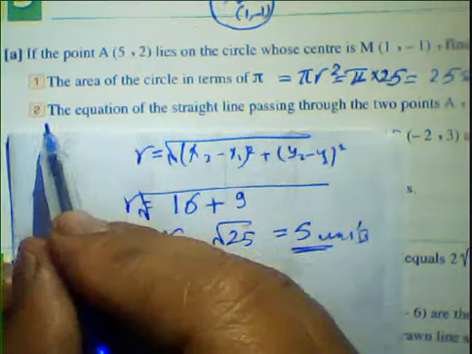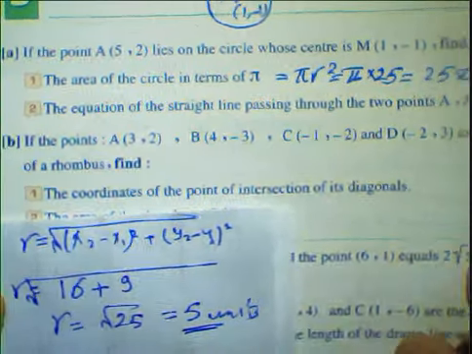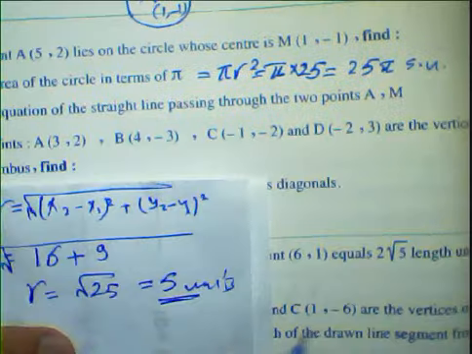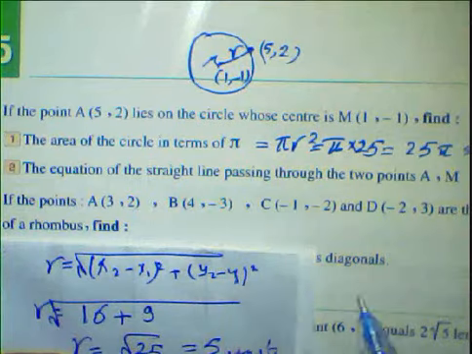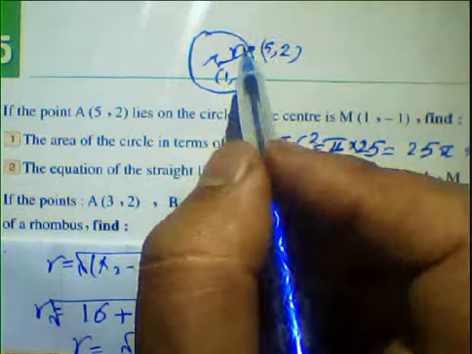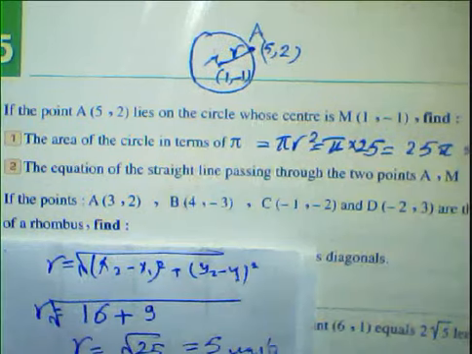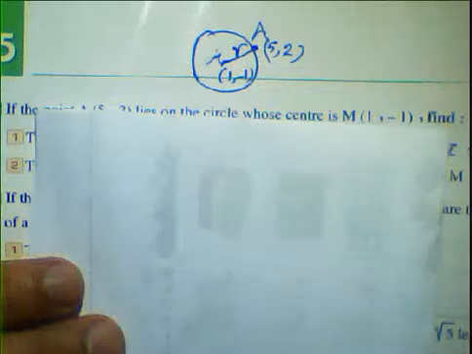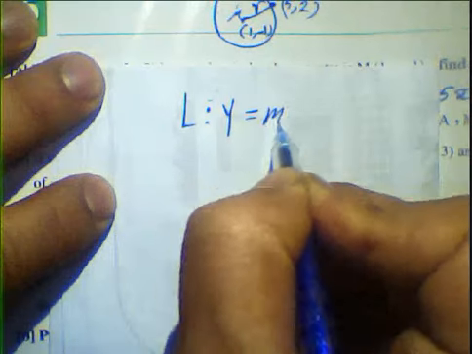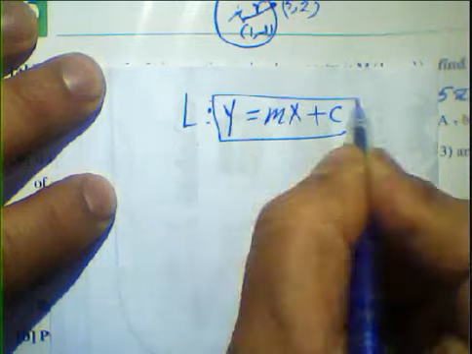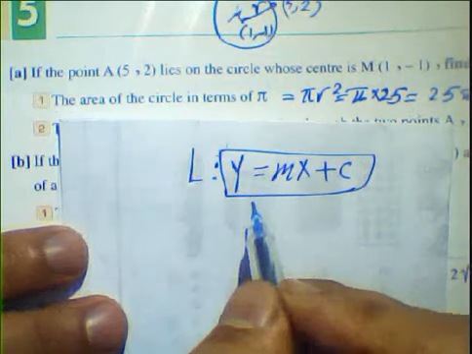Then number 2, the equation of a straight line passing through the points A and M. He asked about the straight line passing through the points A and M. Okay, I will solve it here. We want to find the equation. Let L be y equals mx plus a constant. Okay, we can find the slope.